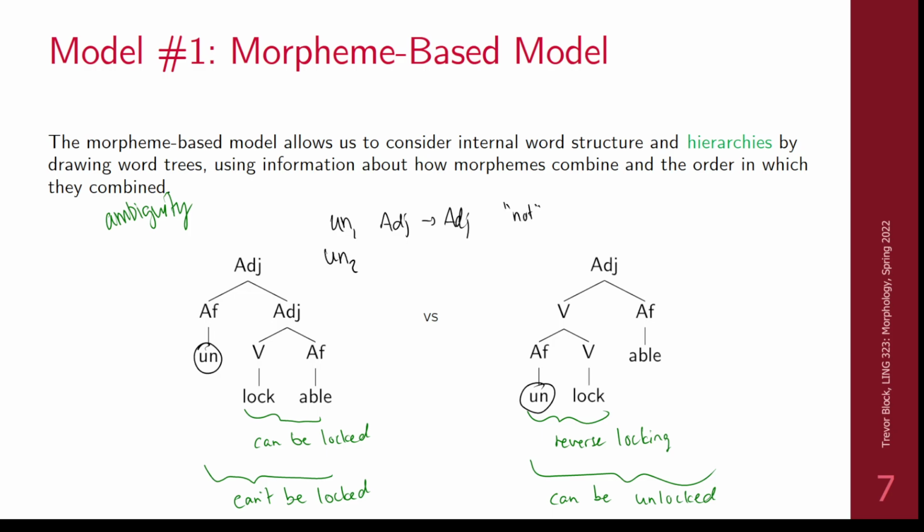There's a second un on the right for unlock that has a verb and keeps it as a verb, and this has a reversative meaning. So I just wanted to show in these that we have two different uns here. So even though it's the word unlockable, it's not just the structure that's changing, it's also the morpheme un that is changing there.